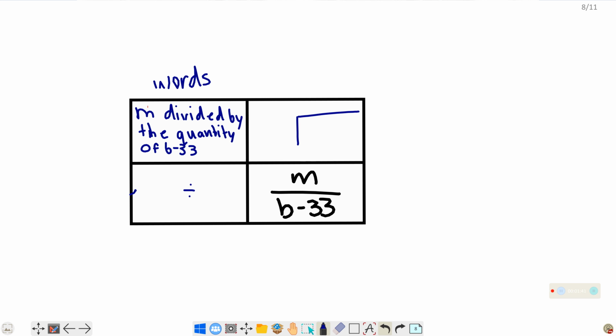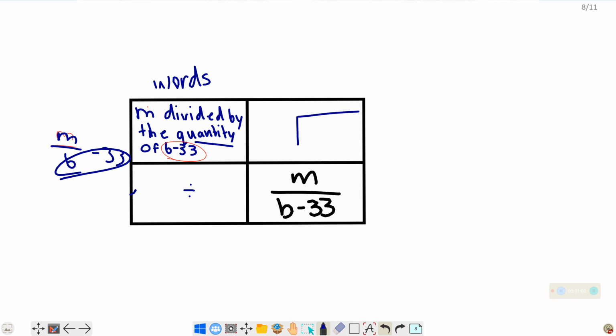The reason why we're using quantity is because we need to put b and 33 into a group. Otherwise, it'd be written like m over b, subtract 33. So you need to put b and 33 into a group.